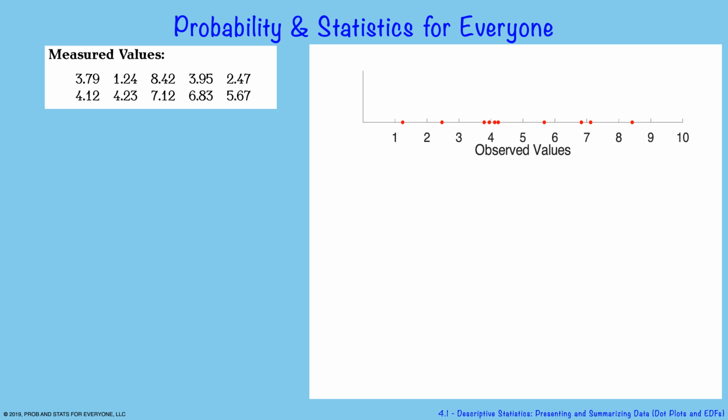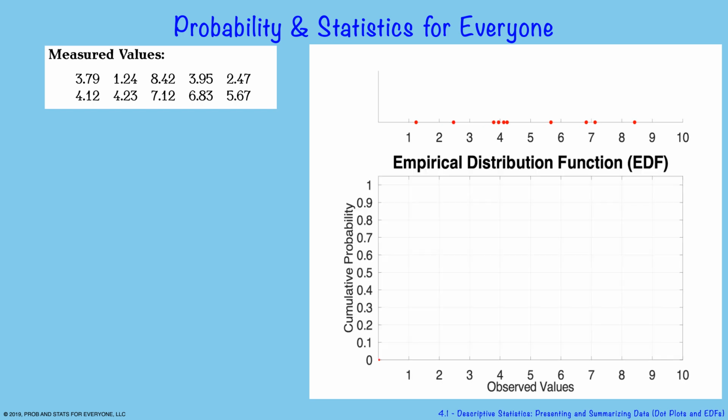The next plot that I want to present to you is an empirical cumulative distribution function, generally just referred to as an empirical distribution function, or EDF. The EDF is a mathematical function along the entire x-axis that displays the fraction of the sample points that are less than or equal to any value x.